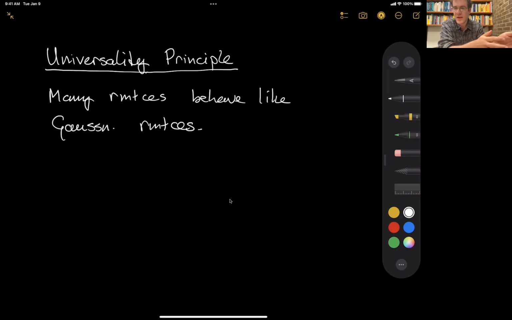A non-Gaussian random matrix could behave like a Gaussian random matrix. And then you could try to understand how the Gaussian random matrix behaves as a separate step that's independent of trying to show that the non-Gaussian and Gaussian random matrices behave alike. And this point of view is very natural in classical random matrix theory, and there's a huge number of breakthroughs that have been made there in understanding universality.